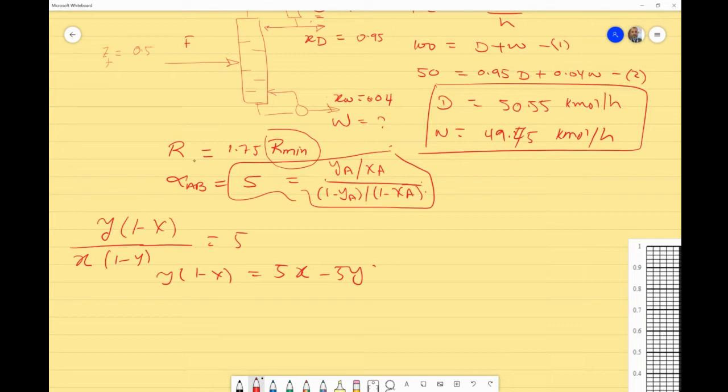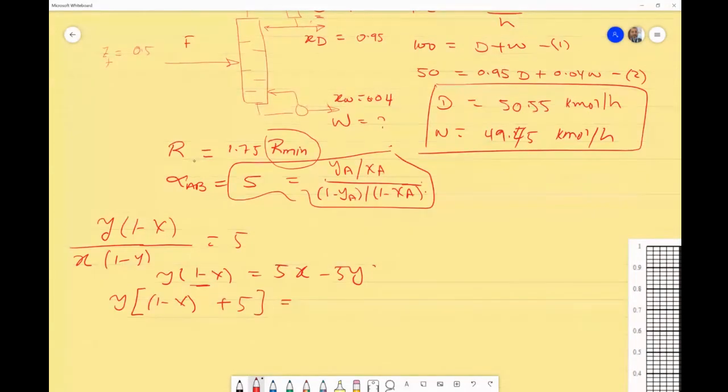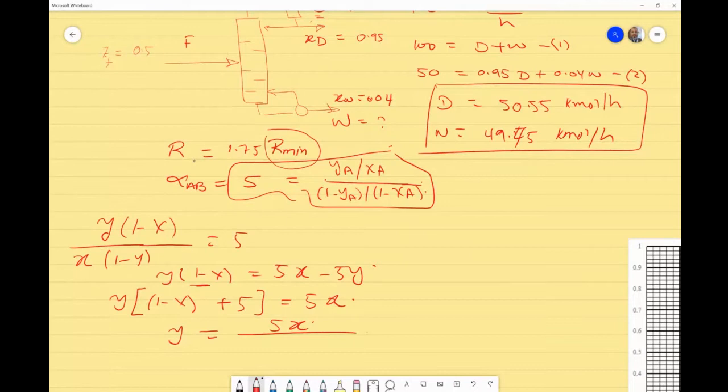So you can say y is going to be, because this is going to be plus 5, it's going to be 5x. So you can have an equation that says y is 5x over 1 minus x plus 5.